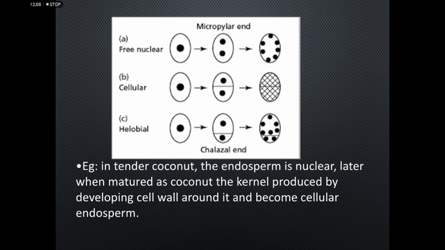Later on they get wall formation and aggregate on the shell's corners, called coconut kernel. Now that endosperm acts as cellular by forming cell walls around the free nuclei. So in tender coconut, the endosperm is nuclear, and in the mature coconut, the endosperm is cellular.